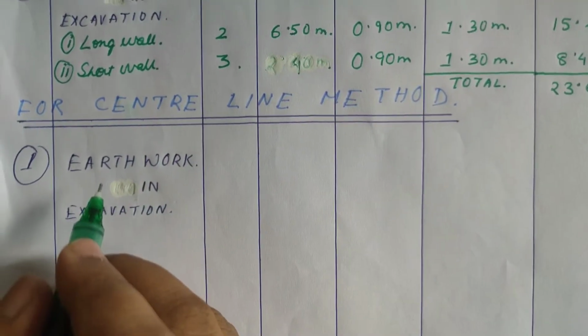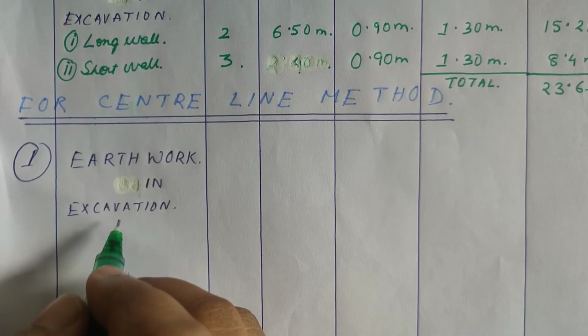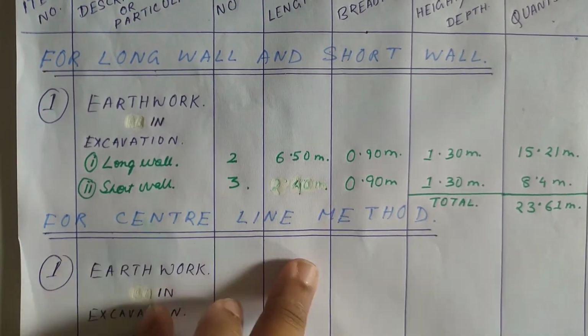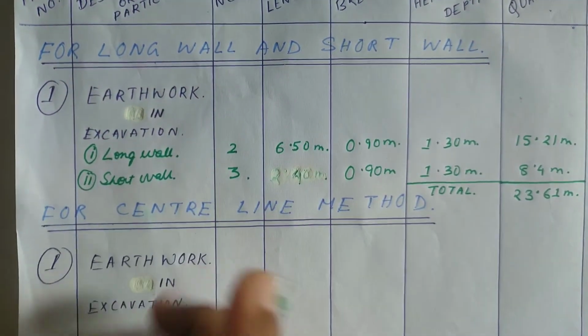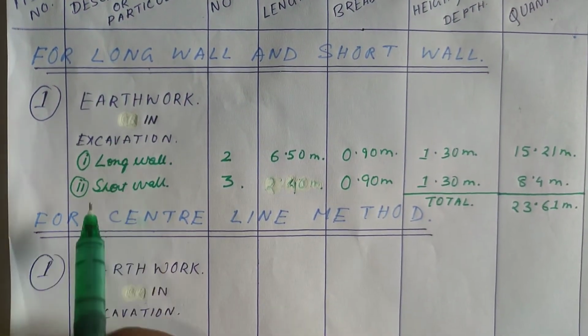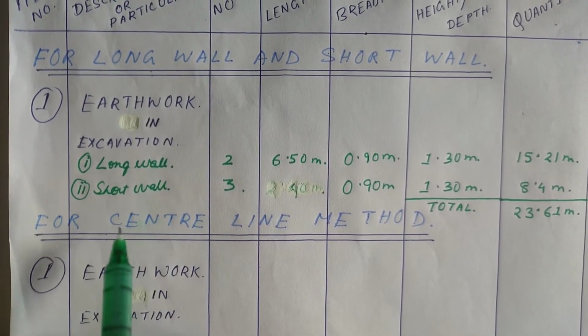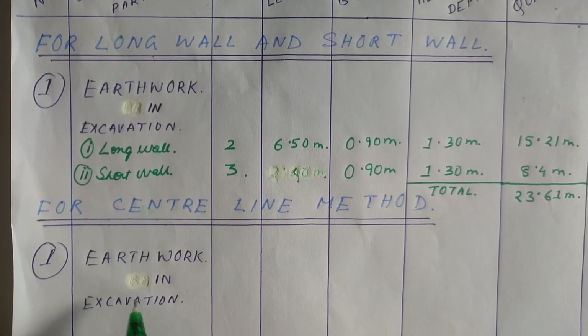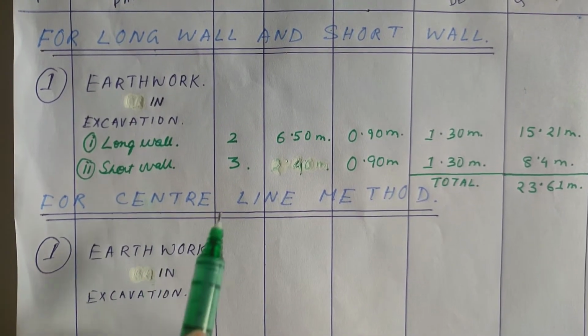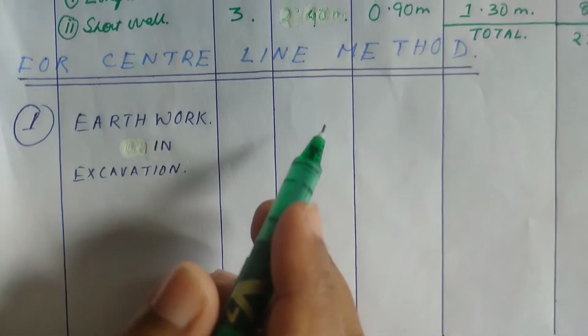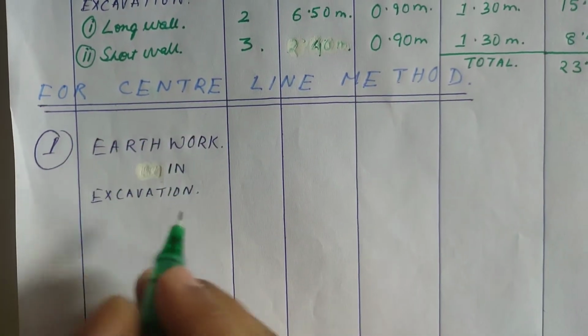So now moving on to the table. The first particular is earthwork in excavation. In the number section, the main difference between the center line method and the long wall and short wall method is that in the long wall and short wall method, we have to calculate the long walls and short walls separately, but as we are considering the whole center line length, for the center line method we don't have to calculate differently.